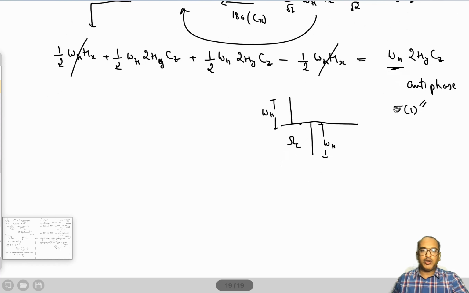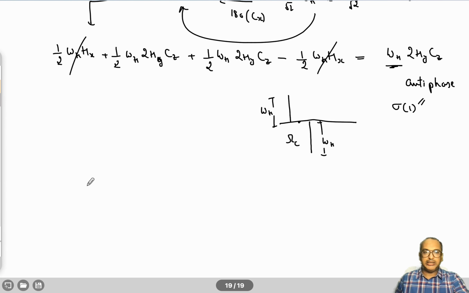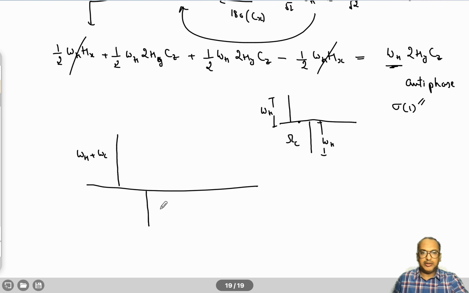So the overall spectrum will look something like this, where this line is omega H plus omega C, and this line is omega C minus omega H. Why minus? Because it is negative. Omega C was positive, so that's how it gets cancelled, and whatever is left comes here.